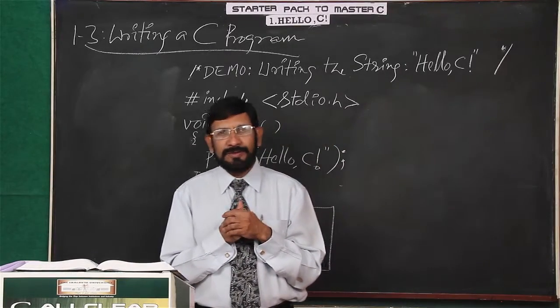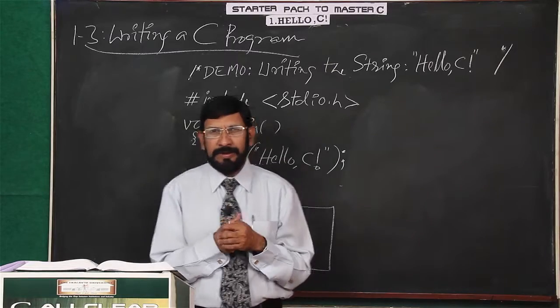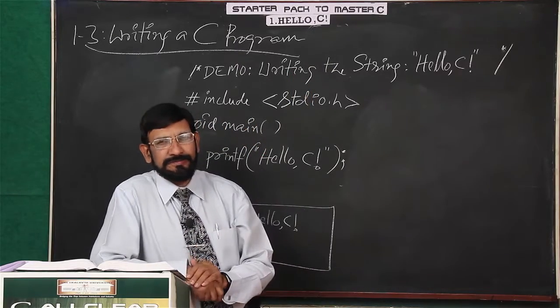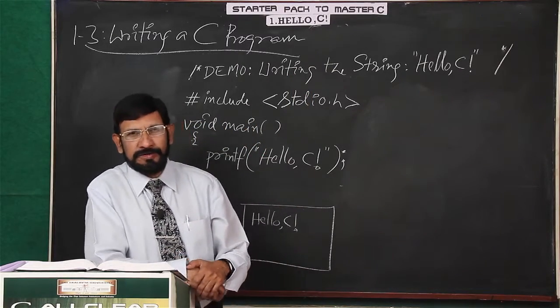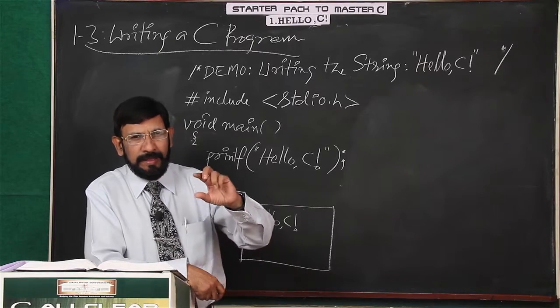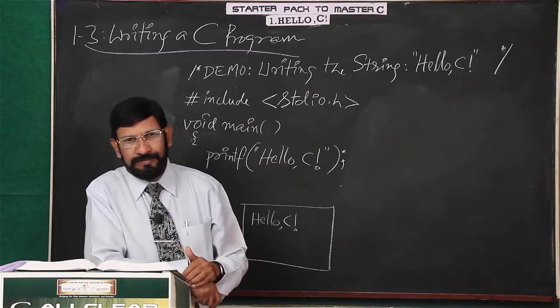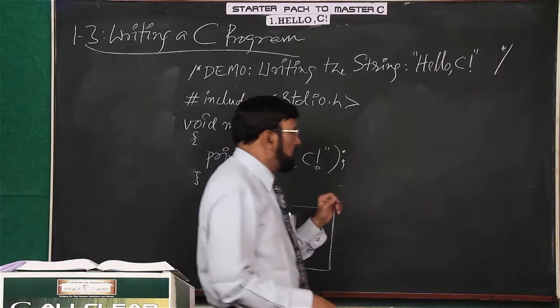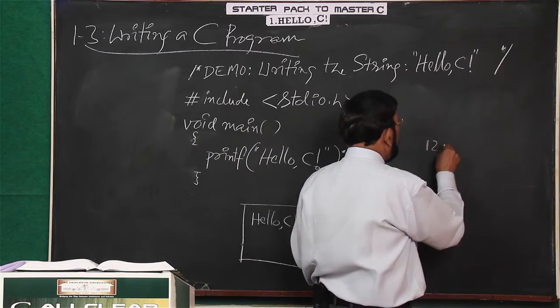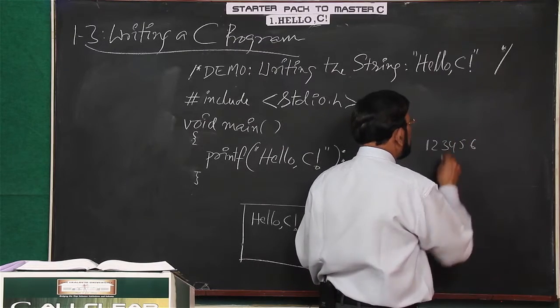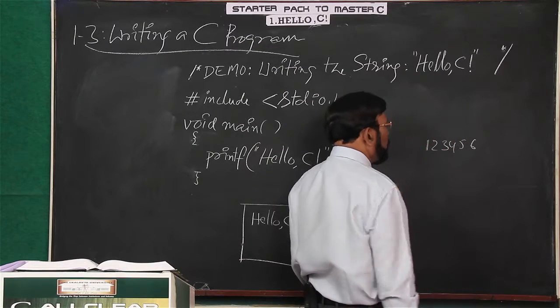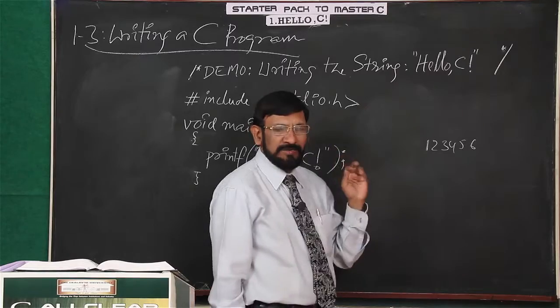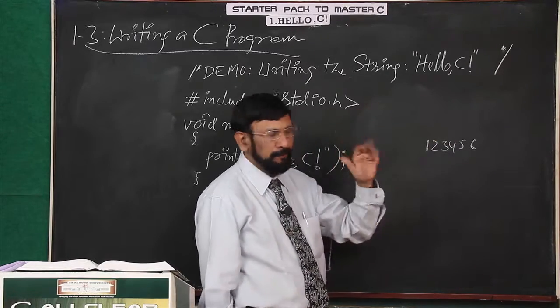And C language developers identified such types of operations and provided ready-made functions for them. Suppose you have to calculate the square root of 1,23,456 as part of your program.